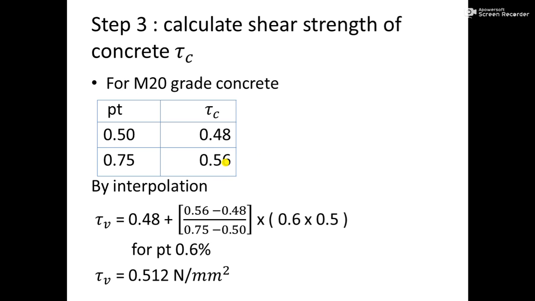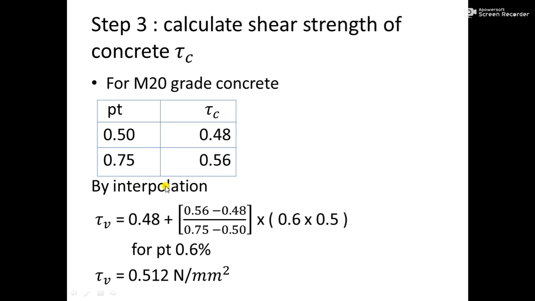Then calculate tau c, the shear strength of concrete. Percent of steel is 0.60, so it is in between 0.50 and 0.75. The value of tau c for 0.50% steel is 0.48 and for 0.75% is 0.56, but we have to calculate the value of tau c for 0.60%.